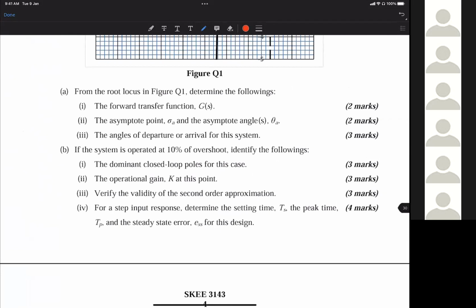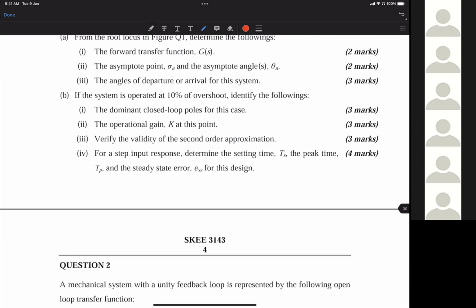Third, the angles of departure or arrival for this system. If the system is operated at 10% overshoot, identify the following. First, the dominant closed loop pole for this case. Second, the operational gain at this point. Third, verify the validity of the second order approximation. And last, for a step input response, determine the settling time, the peak time, and the steady state error for this design.